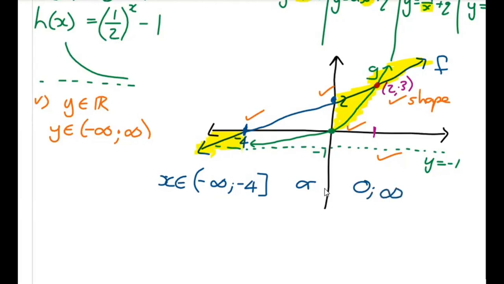Yes, Dimple. 0 to infinity. Infinity always gets a round bracket. Then we've got to check, are we including the 0? Do we get a square bracket for that 0? Well, at that point, it's going to be equal to 0, and that is allowed. So we include it. Square bracket.